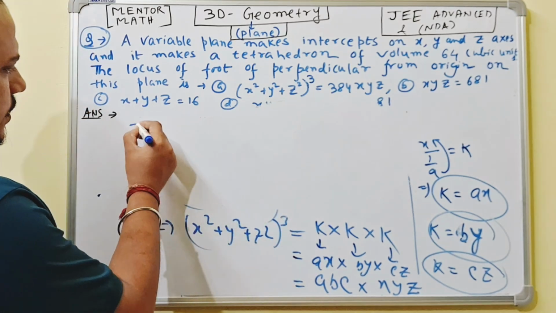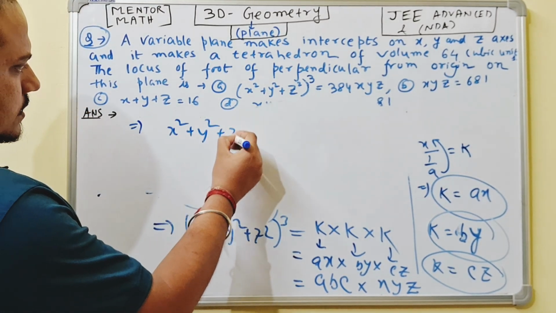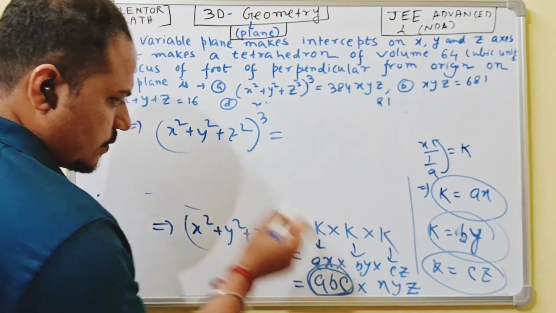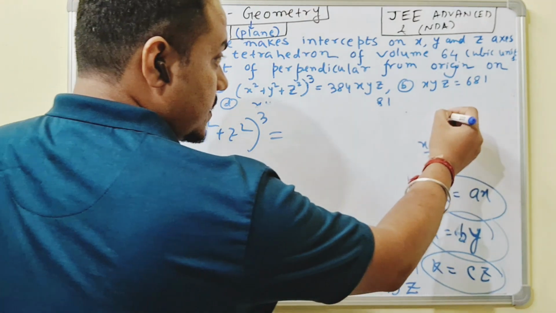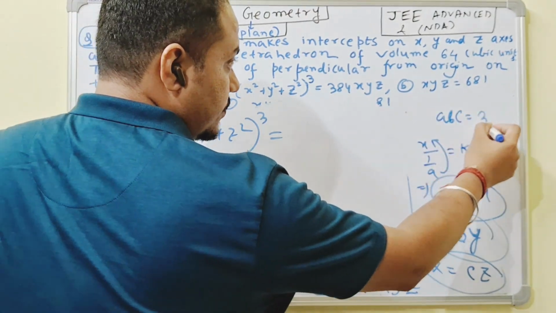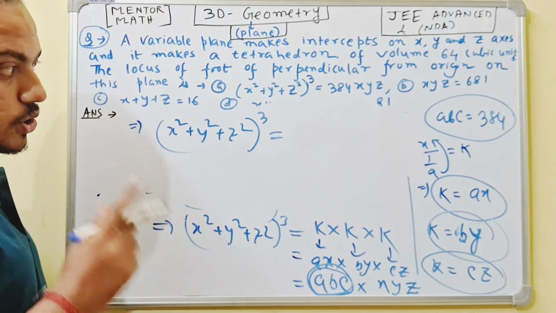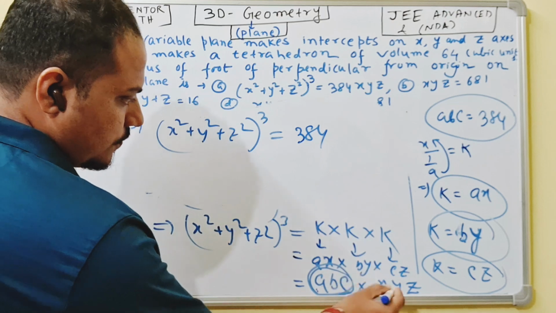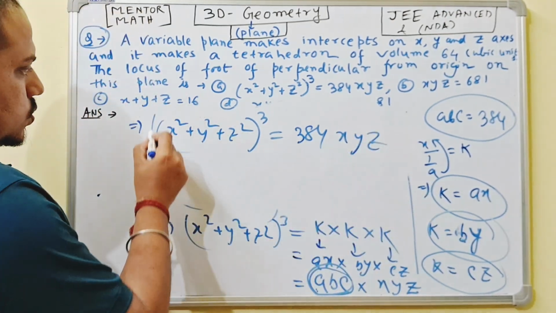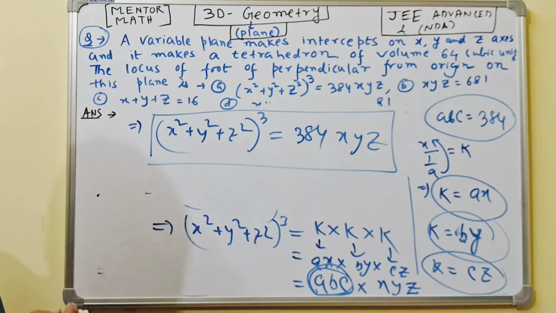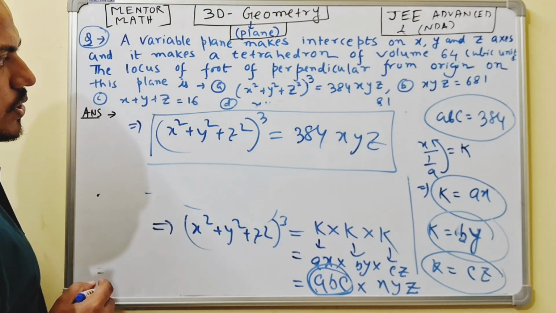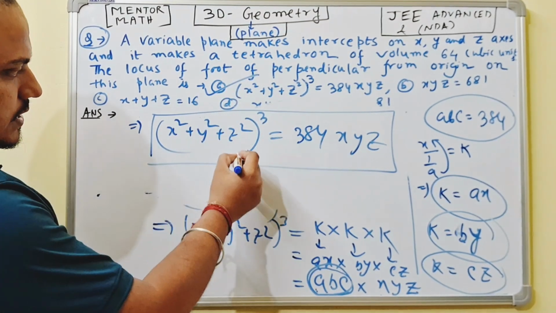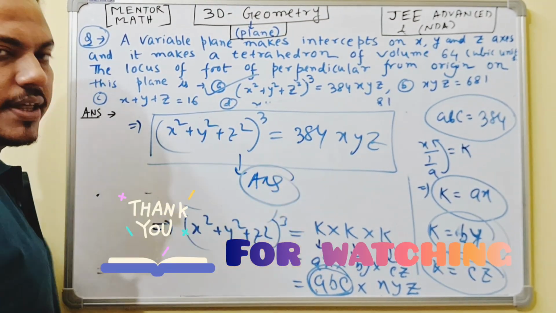Finally you got x square plus y square plus z square whole cube is equal to abc. From the first equation, you know that abc is equal to 384, from equation number 2. So substitute abc is equal to 384 into xyz. So you got x square plus y square plus z square whole cube is equal to 384 xyz. So this is your first option, the correct option. That is your solution here. Okay. Thank you, students.